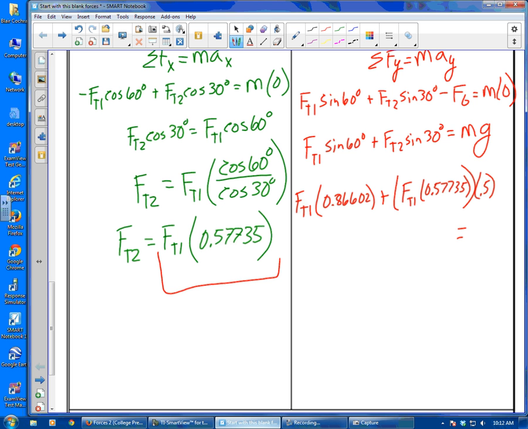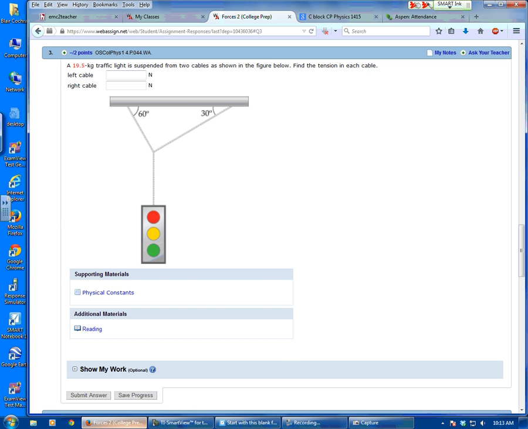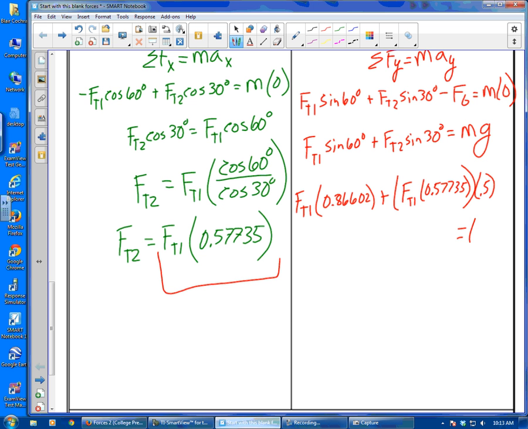And I might as well substitute in for my mass, which in my case is 19.5, and my g is 9.80 newtons per kilogram. Sorry, just kind of ran out of space there.